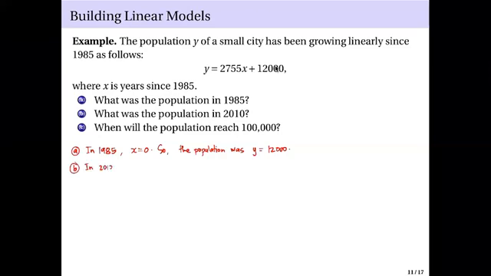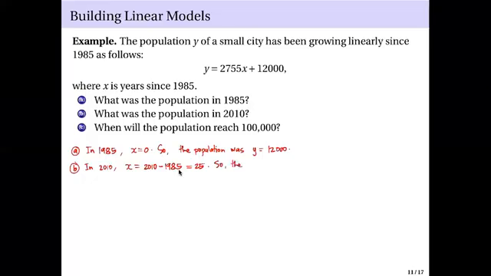In 2010, okay, X is equal to 2010 minus 1985. Correct? Because X is years since 1985. So the starting point is 1985, and that's why here X equals 0. But in 2010, we have to subtract 2010 minus 1985. And this is equal to 25. Okay?